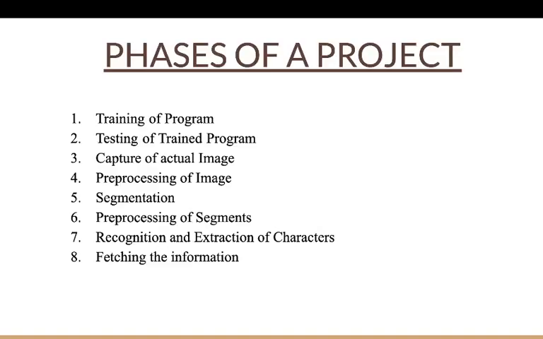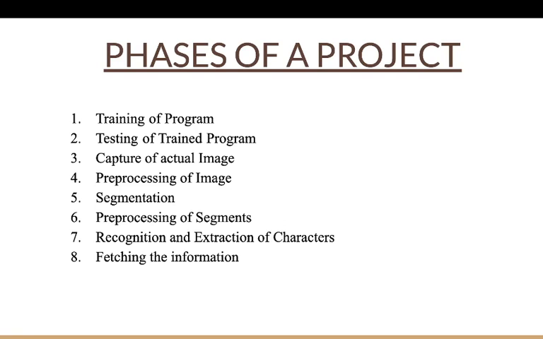Now, the project is being handled in various phases. The first phase is training of the program. We basically train the entire program to recognize different characters. The second phase is to test the trained program. Once we have completed the training process, it is followed by testing.